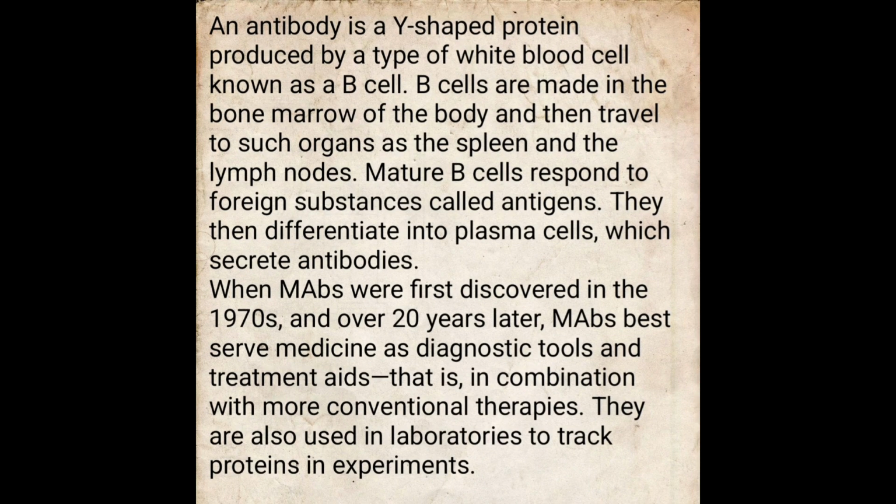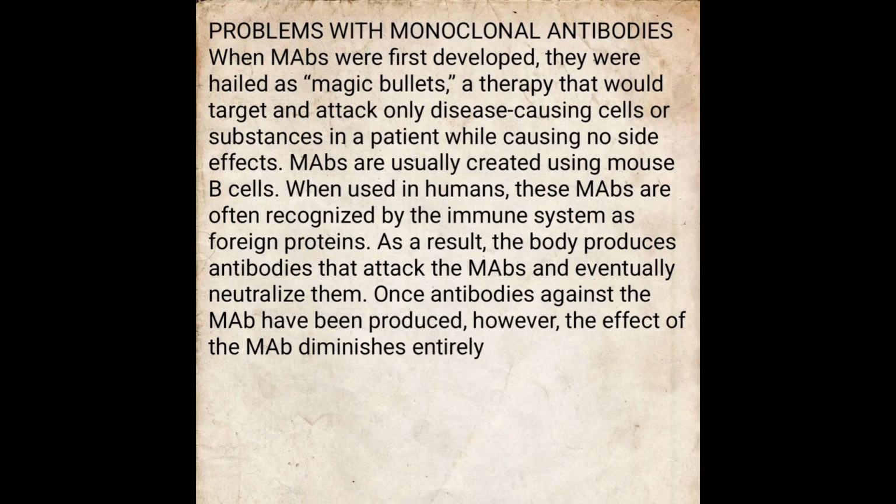An antibody is a Y-shaped protein produced by a type of white blood cell. This is just to let us know the way antibodies are produced. But when you are cloning it, it is now specific against that targeted cell. The problem, however, is that the monoclonal antibodies produced from mouse create a situation where the body recognizes them as foreign and attacks them.